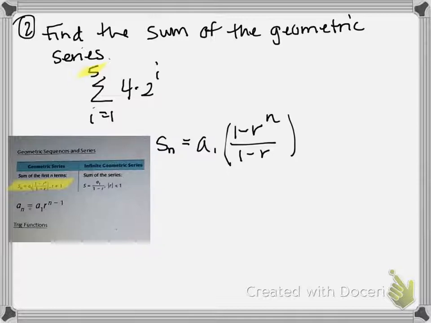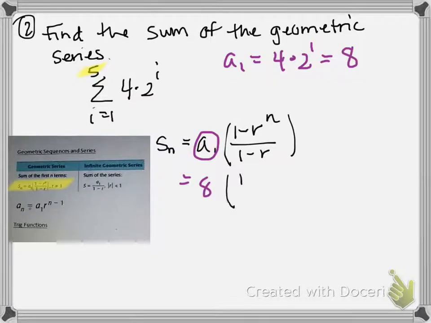So let's find the first term, a sub 1. Let's do a little side work. A sub 1 is when I plug 1 into my rule. So 4 times 2 to the first power. That gives me 8. Good start. Constant ratio. That's easy. It's going to be 2. Why?